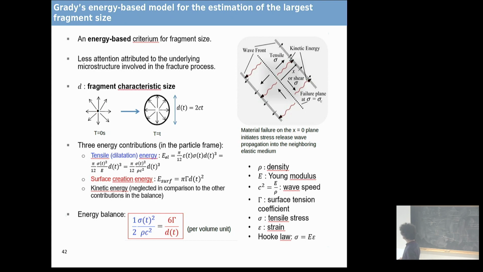This allowed us to understand how to derive a model for the fragment size. When we did the balance between these two energies, we found this law to describe the typical diameter of the fragment with regard to time and sigma, where sigma is the tensile stress, which increases with time.